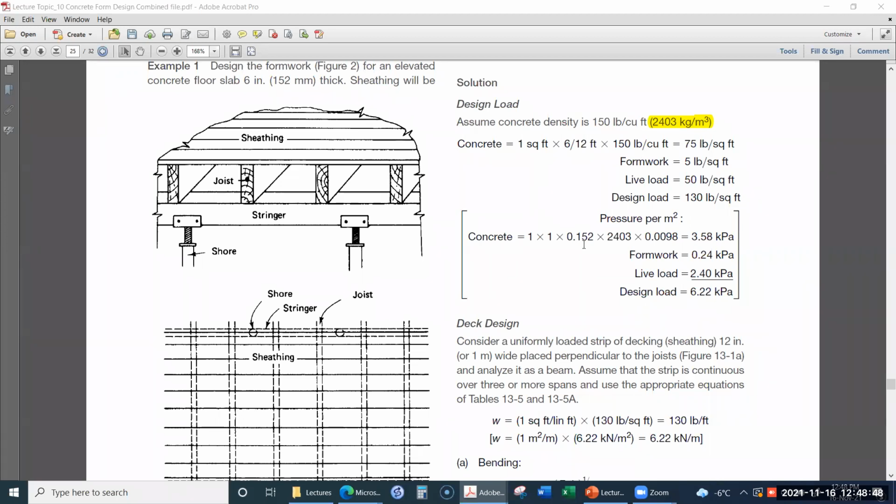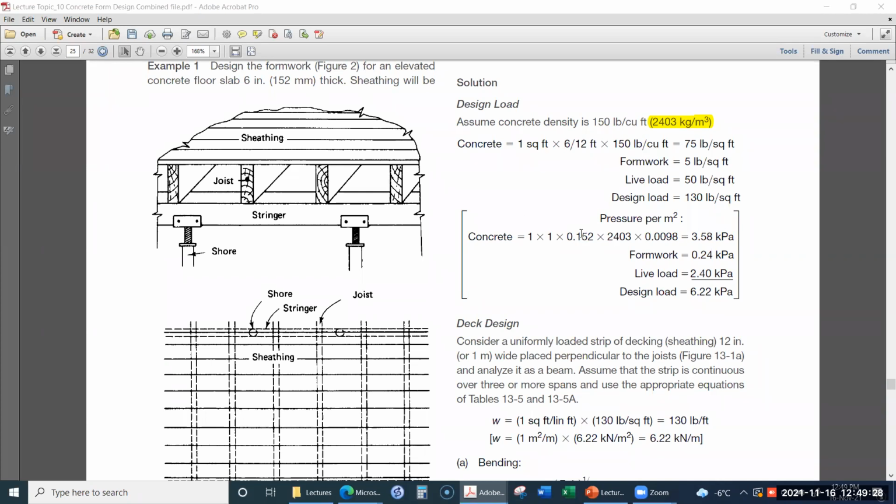So with this density of 2403 kilogram per cubic meter, we take a section of concrete 1 meter by 1 meter, multiplied by 0.152 meter thick, because the slab thickness is 152 millimeter. So 2403 multiplied by this total volume gives the total weight.